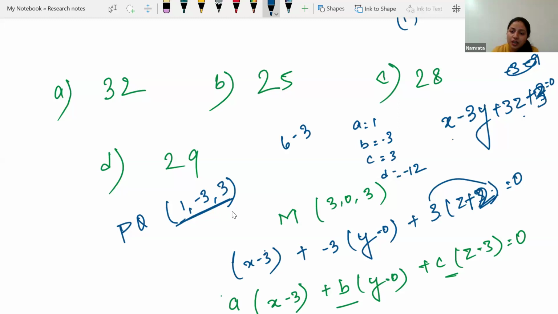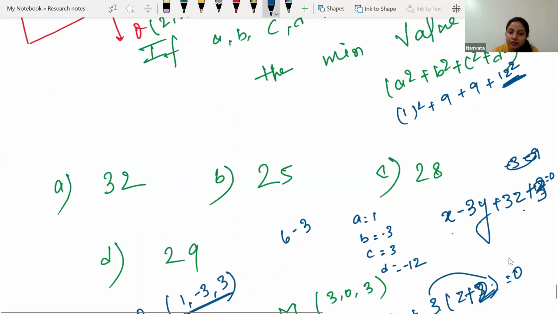Let me check now: A square, B square, C square plus D square is 1 plus 9 plus 9, 19, plus 9, 28. 28 we are getting. Are you getting it?